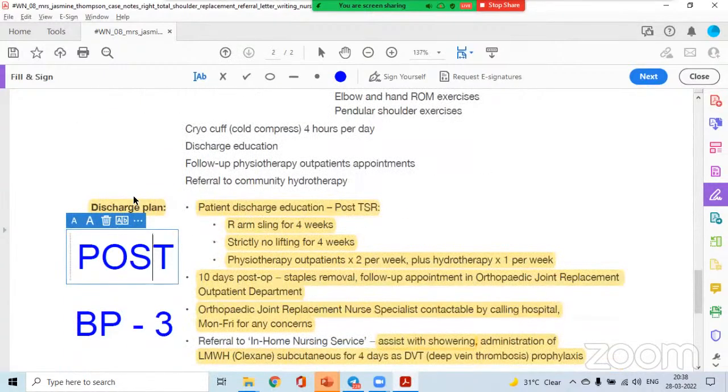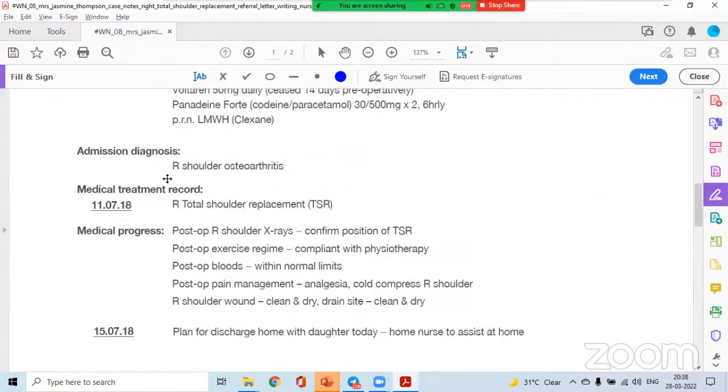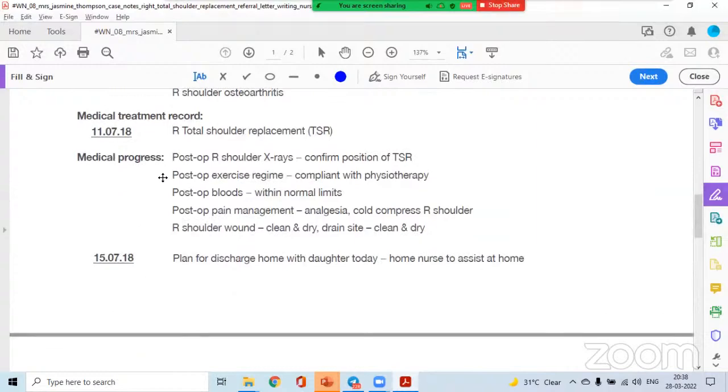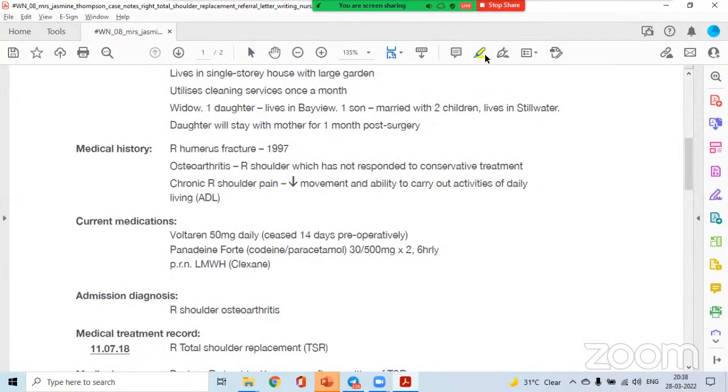This is the discharge plan, which is after discharge. Medical progress, current medications. So what are current medications? You can write this in body paragraph 2.